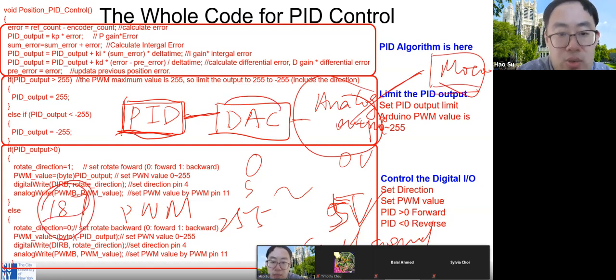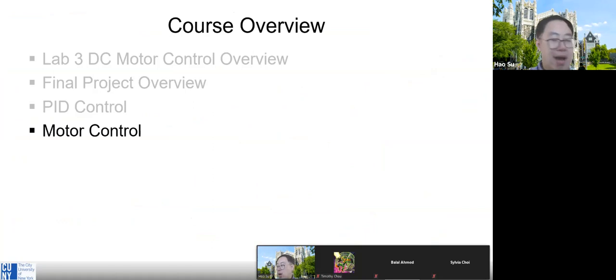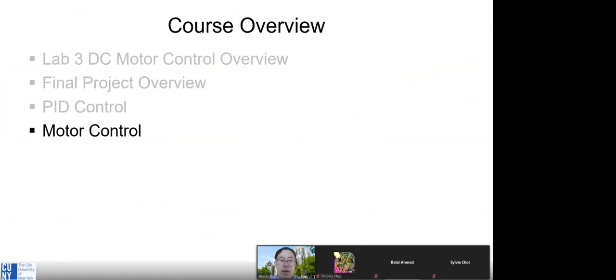So we need to convert it to the analog domain. That's why we have this analog write function. I will stop here, so you can take some time to digest this lecture. I hope that is clear enough. Any questions?